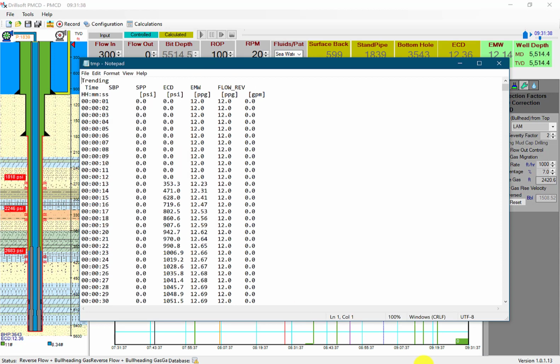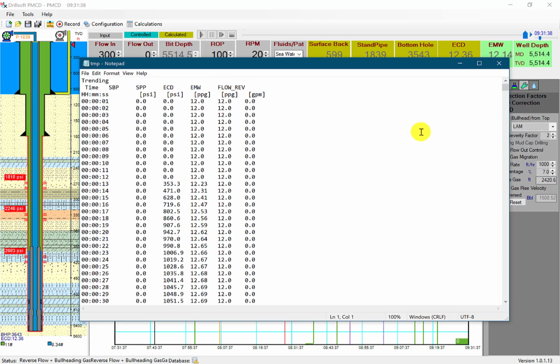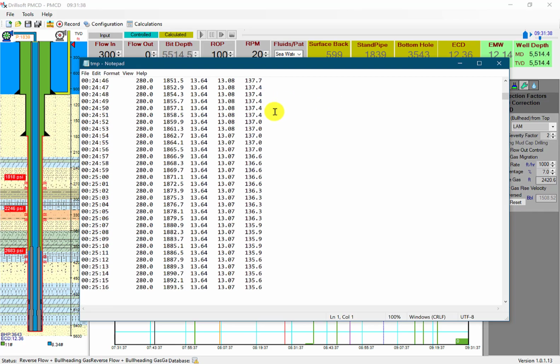The exported text file, as you can see, contains all the trends we activated. If we activate additional trends, it will also track those as well.